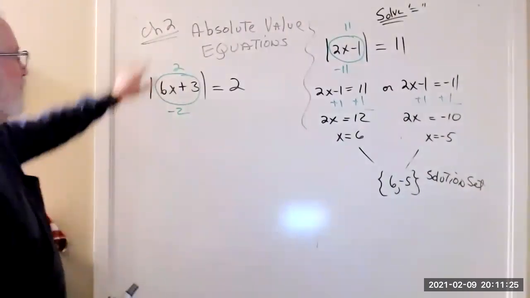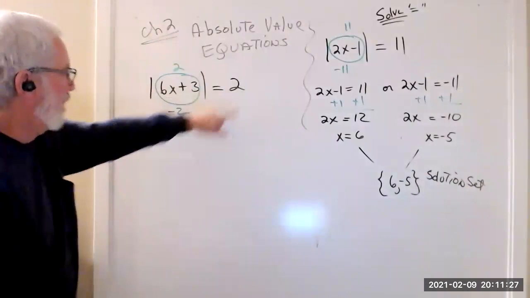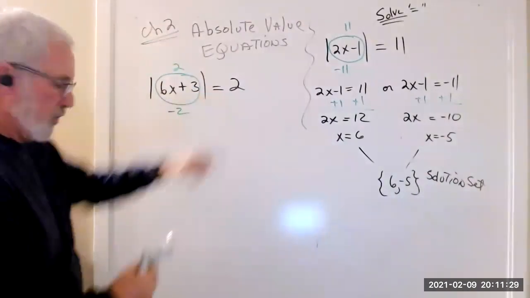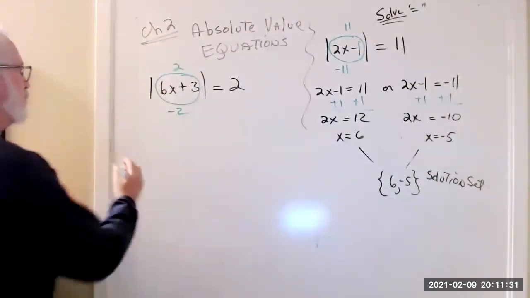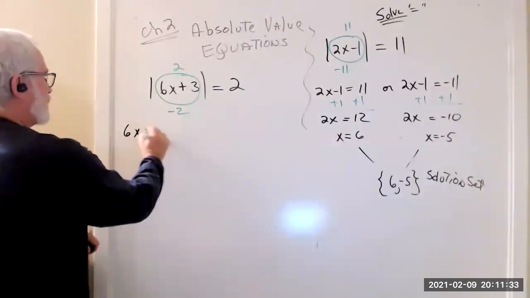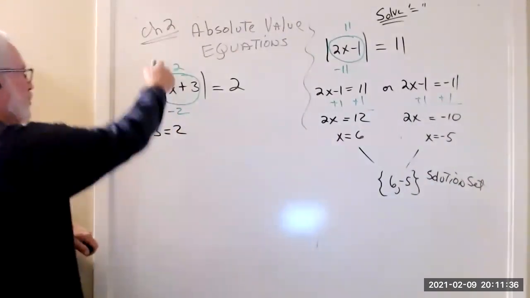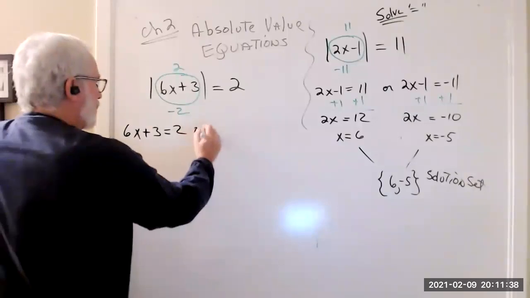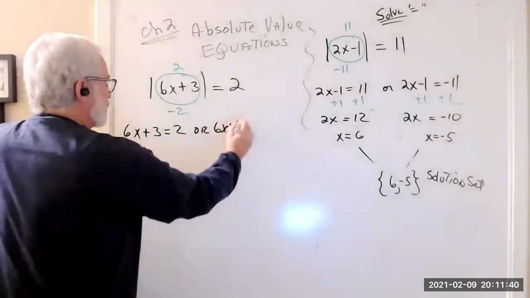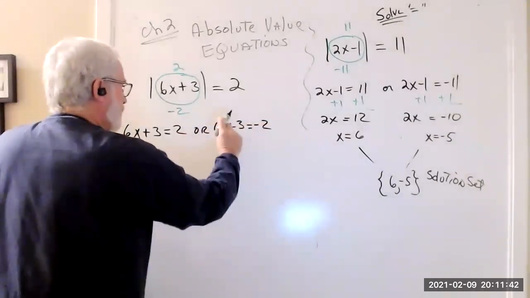All we know is the absolute value of 2 is 2, or the absolute value of -2 is 2. So we write 2 problems. We say 6x plus 3 could have been worth 2, or 6x plus 3 could have been worth -2.